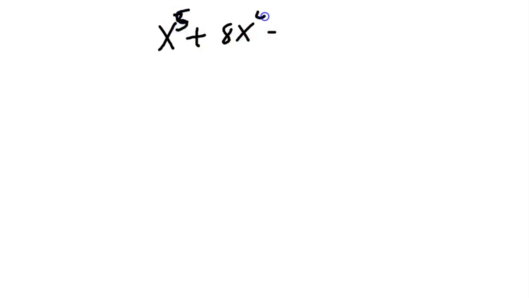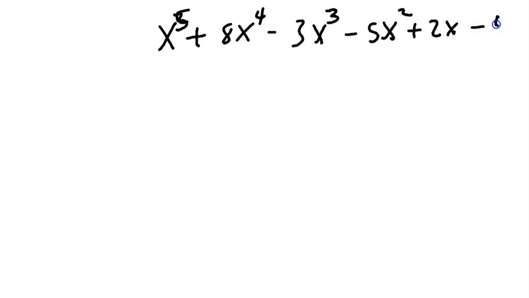I just want you to watch. Okay, so let's say we had this. Well, we don't even have a strategy for that. There's way too many numbers in there. Our factoring strategies for polynomials were only good for up to 4, but this one has too many.